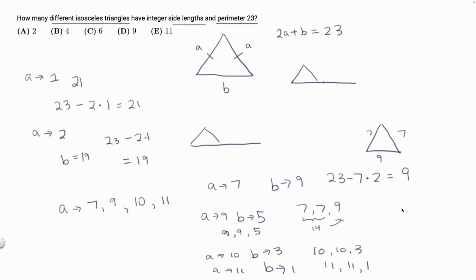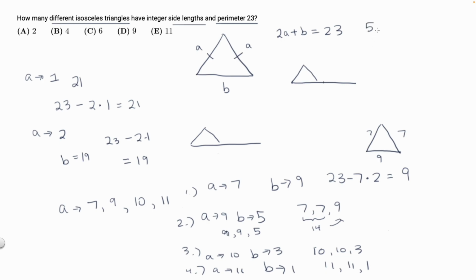Then we can switch the values for A. It doesn't have to be the longer side, so we can switch and make A the single different side and B the two equal sides, so we get two more possibilities. So that's 1, 2, 3, 4.